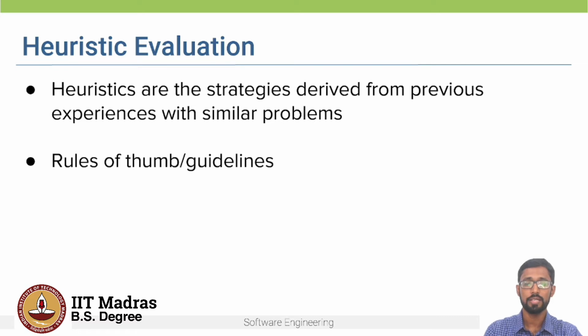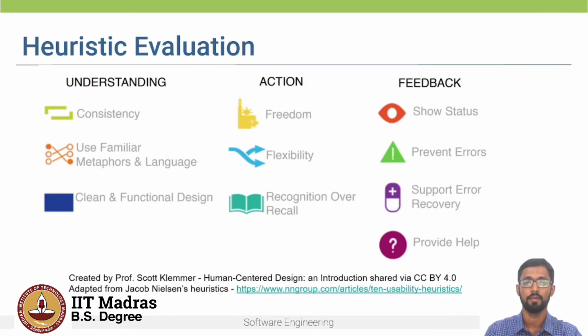So heuristics are the strategies which are derived from previous experiences with similar problems. Over time, designers come up with certain rules of thumb or guidelines based on their experiences. And the most widely used set of design heuristics is by Jacob Nielsen, who came up with a set of 10 design heuristics.